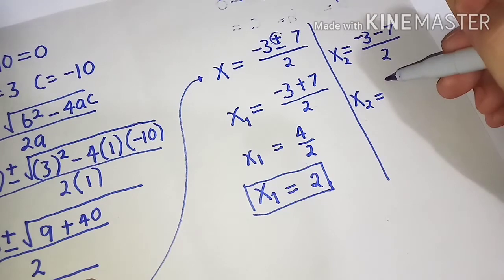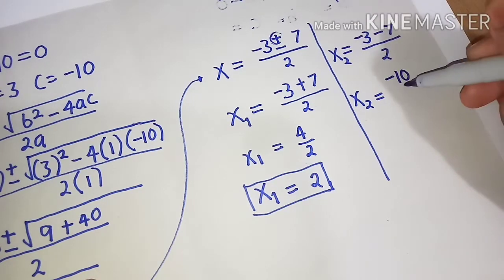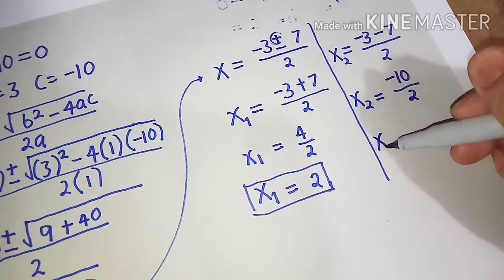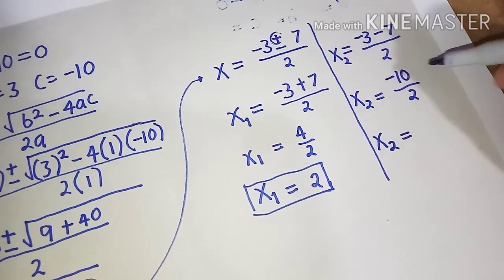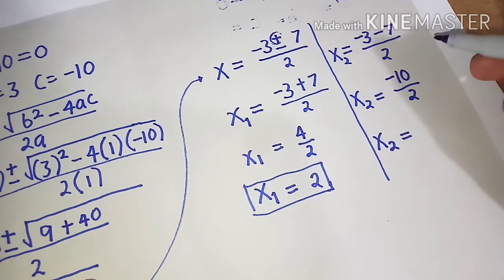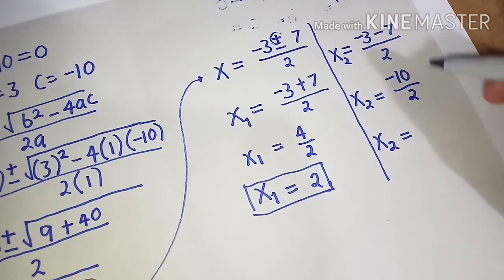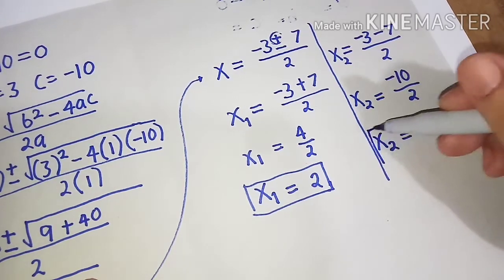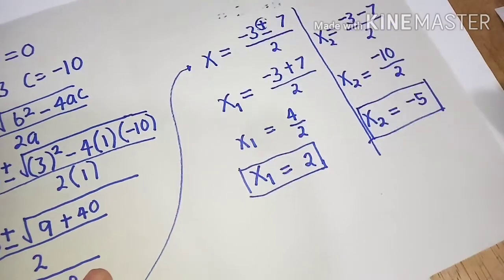So therefore, that is negative 10. And then after that, divided by 2. Then write here x sub 2 equals, get the quotient of 10 and 2. We have negative 10 divided by positive 2, that is equivalent to negative 5. So therefore, our x sub 2 is negative 5.